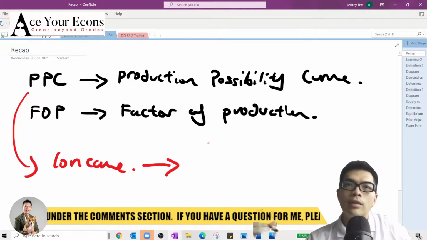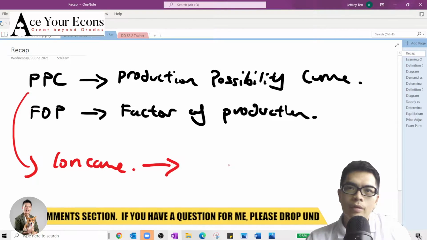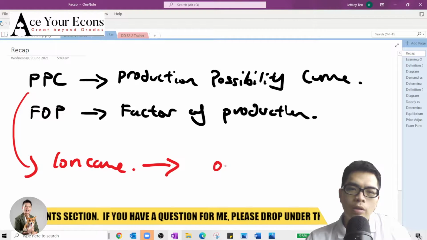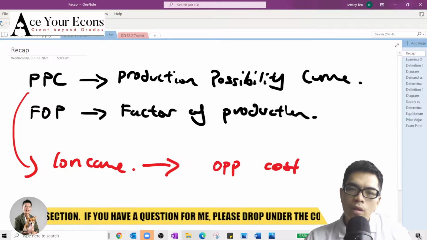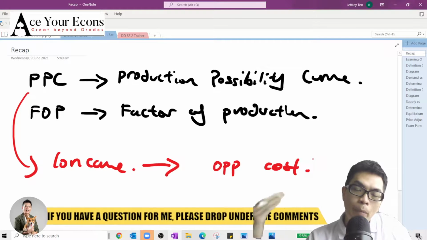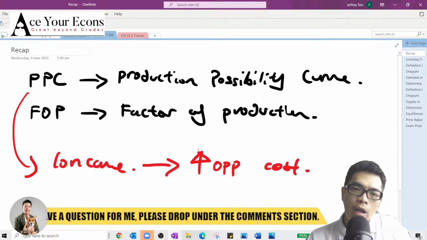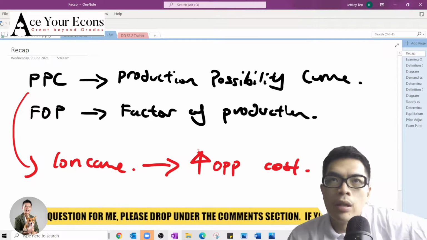So this tells us that we are going to incur what? Opportunity cost, yes, great. And when we move down more and more, it simply means that we need to give up more and more. So we are going to incur increasing opportunity cost.